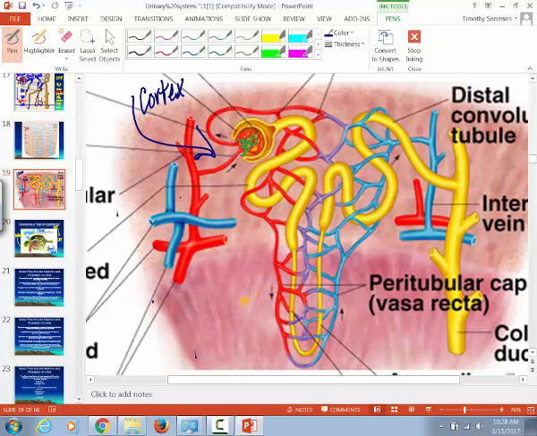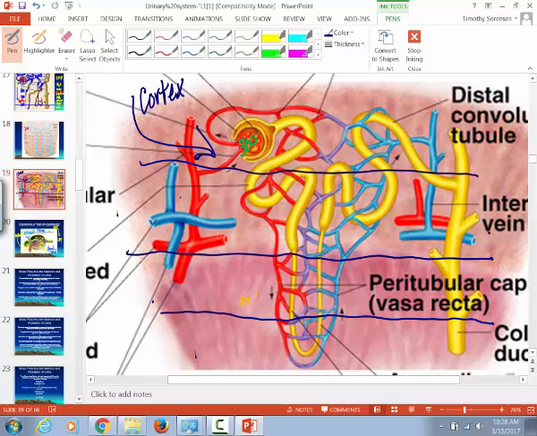So, literally, and if you ever take an anatomy class that's specifically on the kidney, which I'm probably sure many of you are already registered for, you can literally draw a line straight across, starting in the cortex and moving deeper into the medulla.